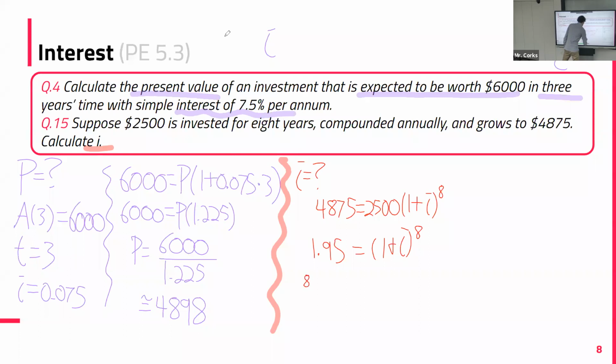And we take the 8th root of each side, 1.95, minus 1, will equal I. 8th root of that thing, that's not very fun to calculate by hand.